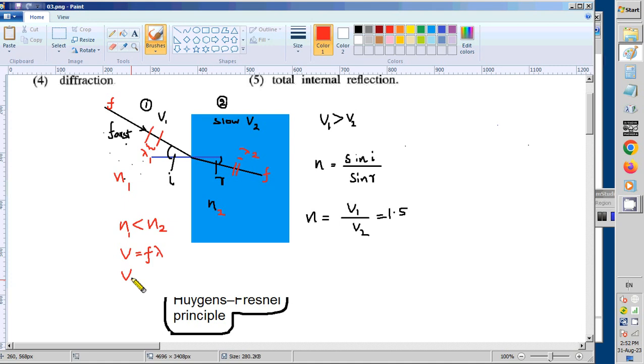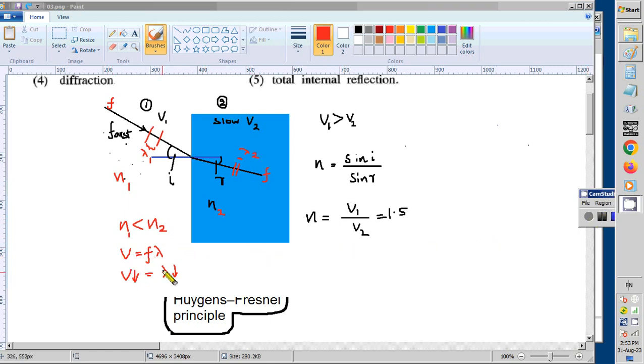If v decreases, the lambda must decrease, because v2 is a small value in this case.